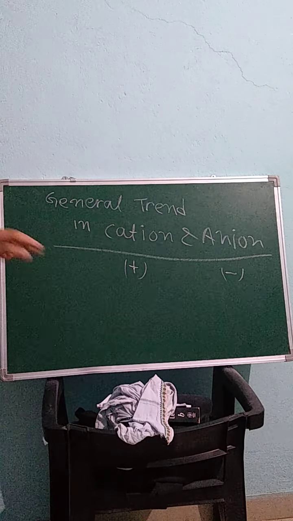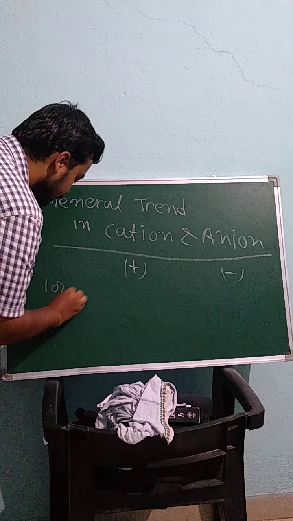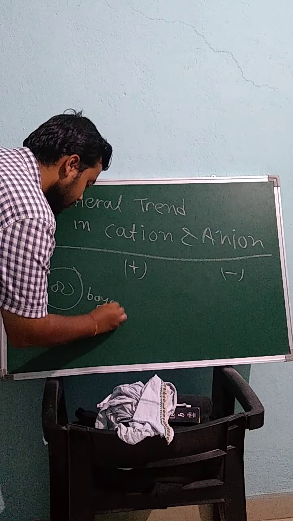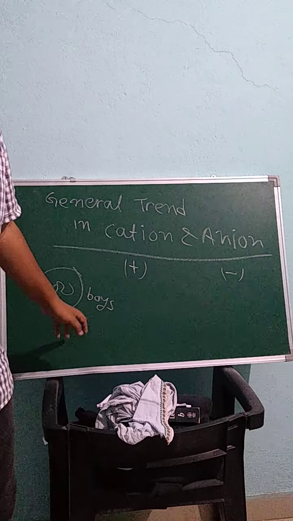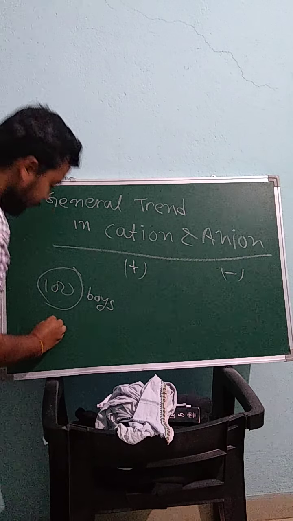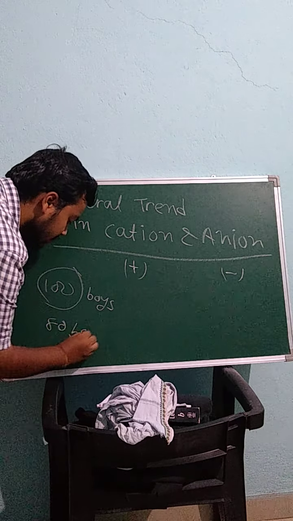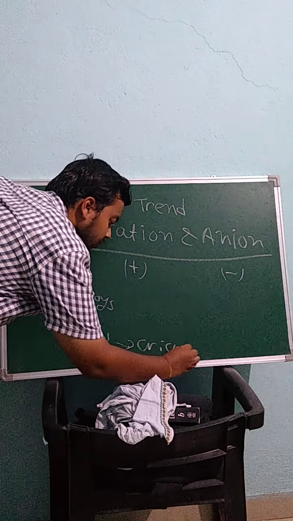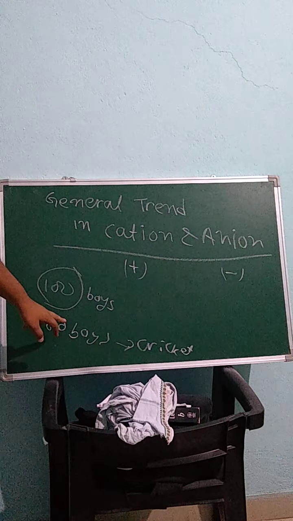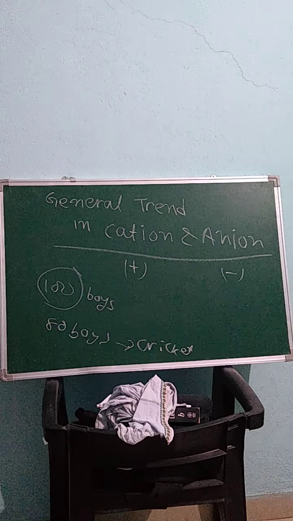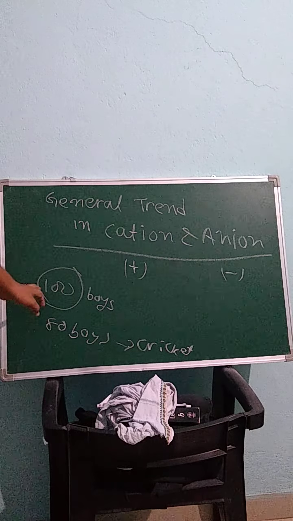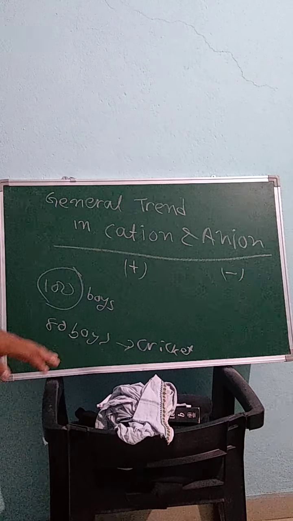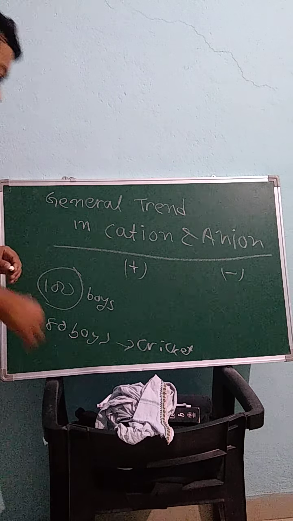Suppose if I say there are 100 boys, and they generally play cricket, means there can be 80 boys who play cricket. So I can say the boys generally play cricket, means maximum of the boys play cricket. So when I'm saying general, it means not 100% but maximum.